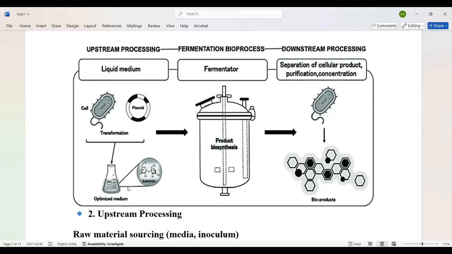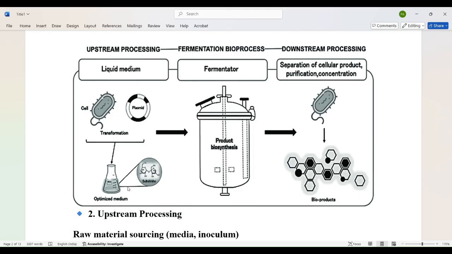That is, which particular gene am I going to insert into a particular host, who is the host, which bacterial strain, then integrating my gene of interest into the host genome, then selection of the fermentation process. There are basically three types of fermentation that we will see soon in the subsequent steps of this lecture.